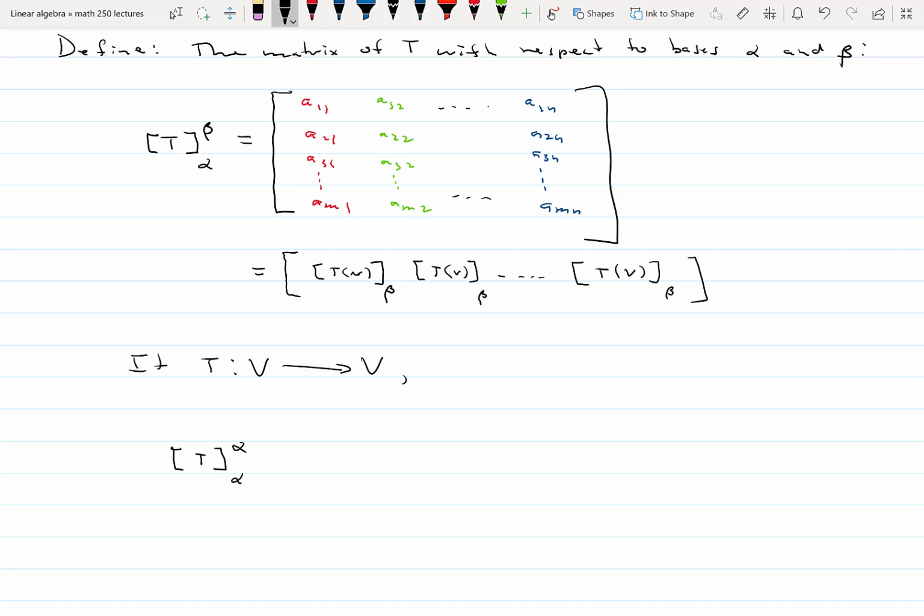Okay, and we call that matrix by a different name. You can call it, I guess, the matrix of T with respect to the bases alpha and alpha, but we don't. We call it the matrix of T with respect to alpha.